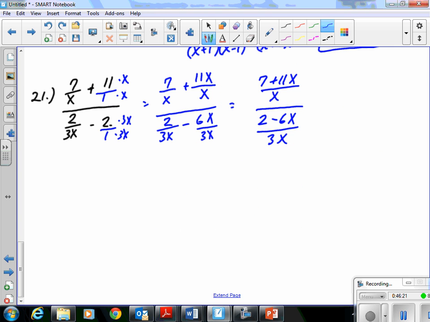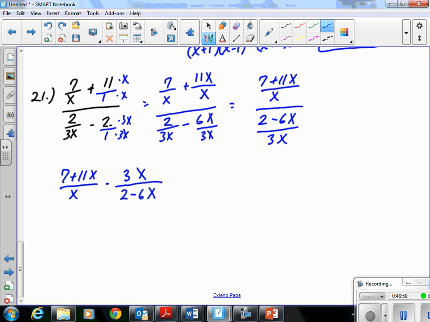So now, still a complex fraction. We got one term on the top, one term on the bottom. So we're basically dividing by a fraction. So we're going to rewrite that as a multiplication. 7 plus 11x over x times 3x. Or when we change division to multiplication, we flip it over and multiply. 2 minus 6x.